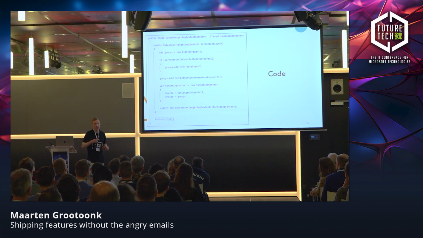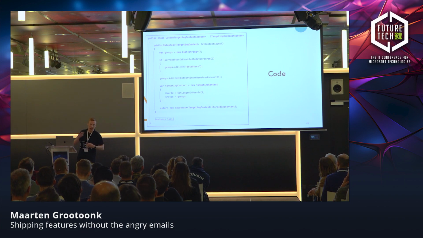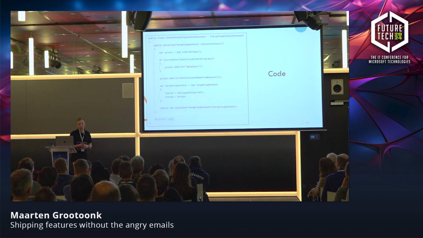So if your application supports beta testing, so you have like an interface for users to check a box, I want to participate in beta tests, then you can perform a call to your database to check, is this a beta user, then add them to the group beta user. All this is arbitrary, so the names and the logic, you all build it yourself. There's no default groups, it's just you decide what stuff is called.